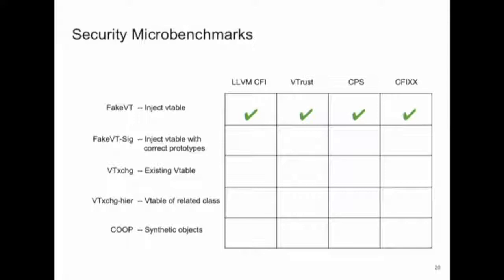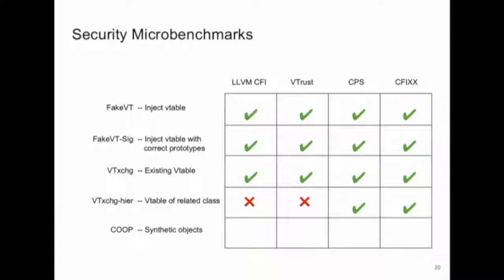If you do a slightly fancier version of this, where you make sure that the function prototypes in your injected virtual table match up, they're all still able to deal with that. Virtual table exchange is like what I showed you on one of those first slides, where we crossed the virtual table pointers and pointed it to something different. That's also handled by existing defenses.